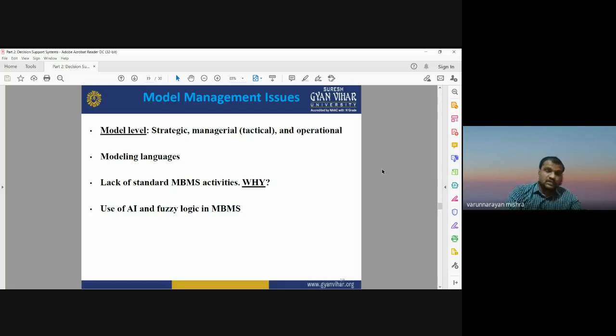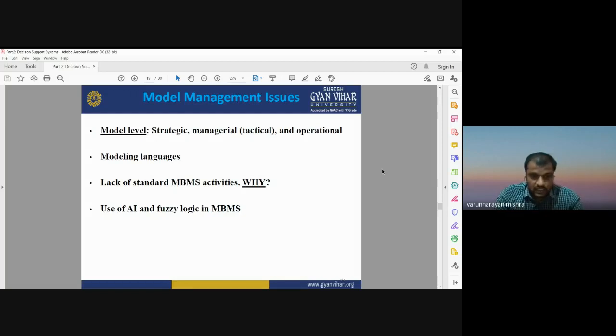Previously, we were using relational database model, logical database model, hierarchical data model, or the physical data model. But right now, in the digital era of the real world, we have some advanced techniques, that is artificial intelligence and fuzzy logic. So anyone can use artificial intelligence and fuzzy logic in model-based management system.